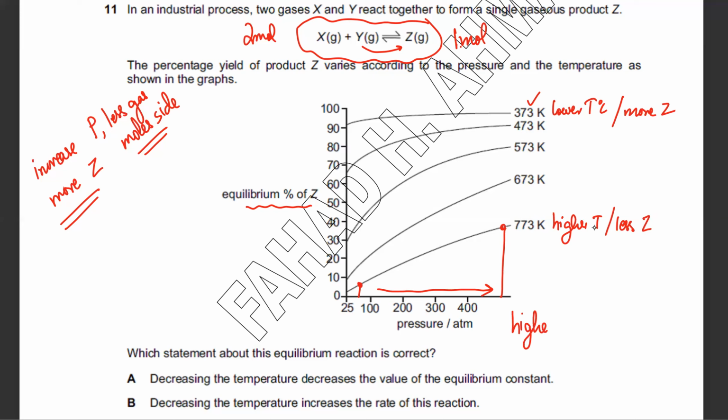We know that higher temperature favors endo, but based on the graph, look at the graph, at higher temperature you get less Z, कम Z बना higher temperature पे, lower temperature you're getting 90% Z, तो higher temperature favors which one, forward or backward?